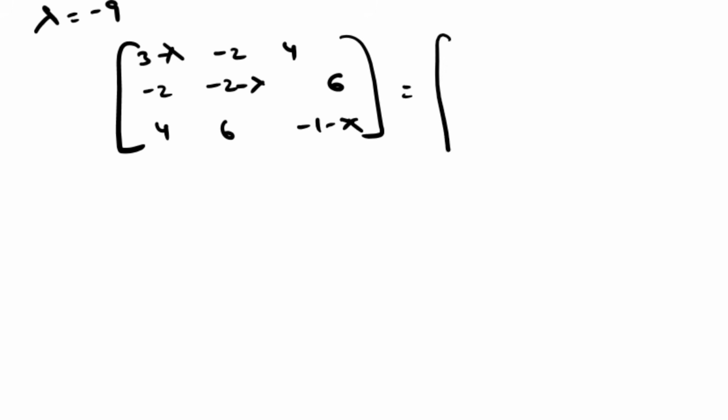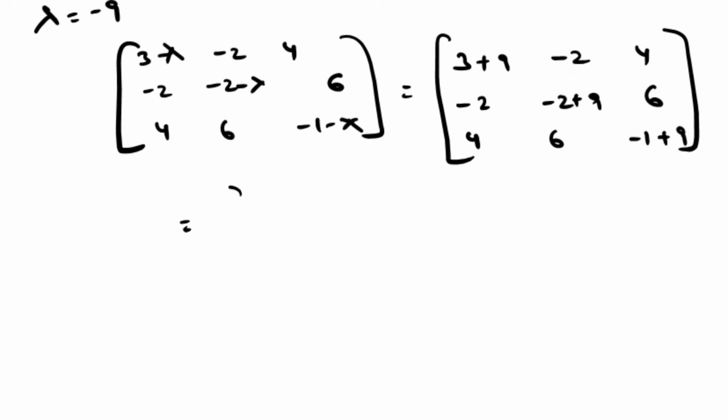For lambda equals minus 9, A minus lambda I is 3 minus lambda, minus 2, 4; minus 2, minus 2 minus lambda, 6; 4, 6, minus 1 minus lambda, which is equal to 3 plus 9, minus 2, 4; minus 2, minus 2 plus 9, 6; 4, 6, minus 1 plus 9, which equals 12, minus 2, 4; minus 2, 7, 6; 4, 6, 8.